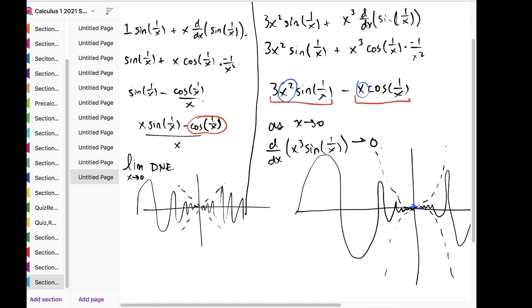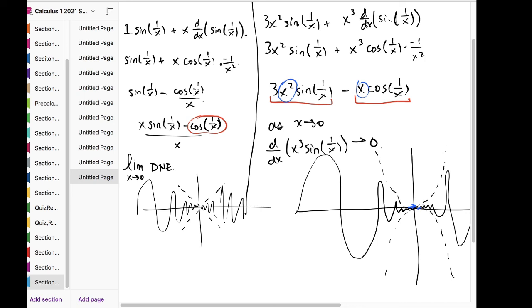Now let's compare this to x cubed sine of 1 over x. Look at the difference between x sine of 1 over x, which almost looks like a line around 0, versus x cubed.